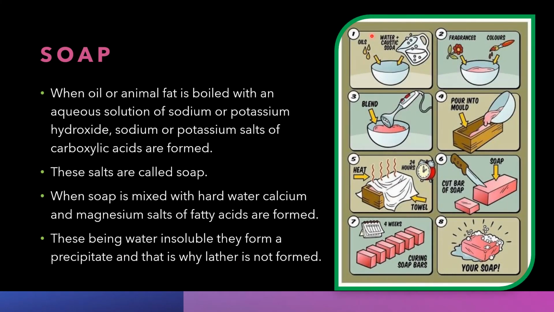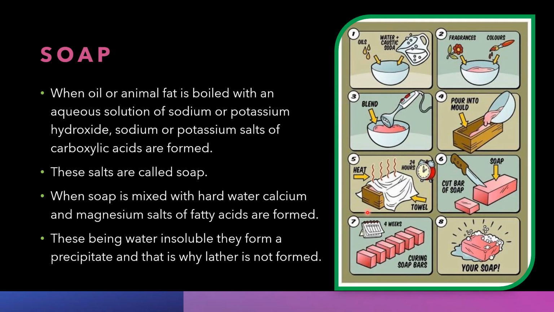Children, this picture describes a simple way of making soap. You can see we are adding oil with water and caustic soda. It is nothing but sodium hydroxide. We are adding fragrances and colors. Then they are blended together and poured into a mold.